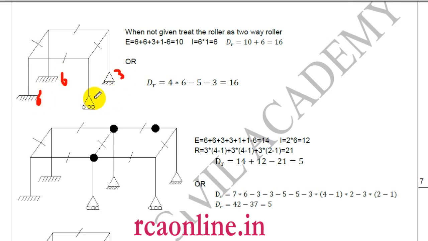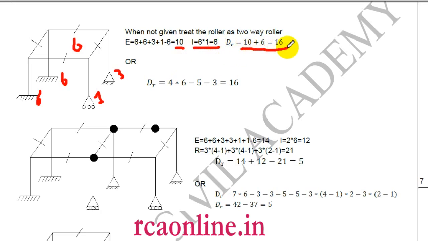So I get 1. I only get one reaction. And 6 is my U. So how much is the external indeterminacy? External indeterminacy is 10. What is the internal indeterminacy? One closed loop here, so it will be 6.